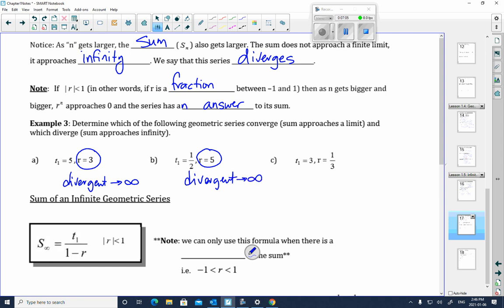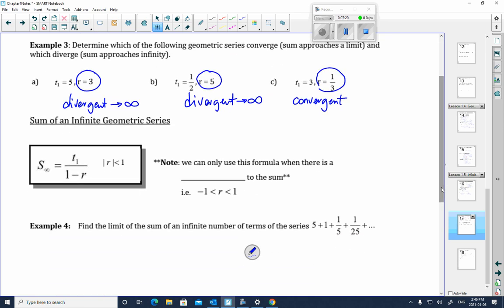For C, the first term is 3, but this time the ratio is 1/3. That means we can calculate the actual sum, by using this formula, t1 divided by 1 minus r. Now, where the heck am I getting this from?